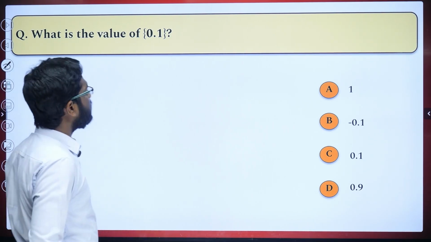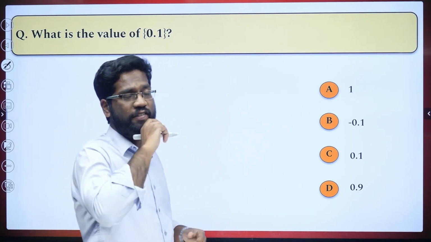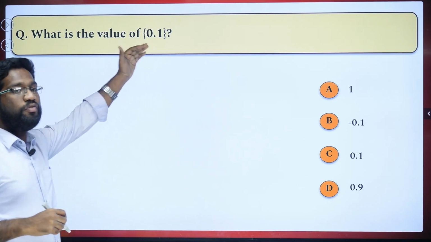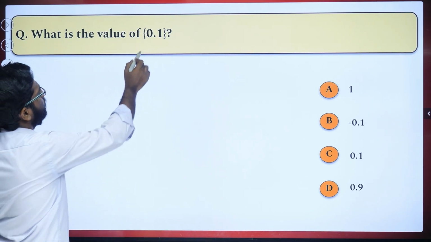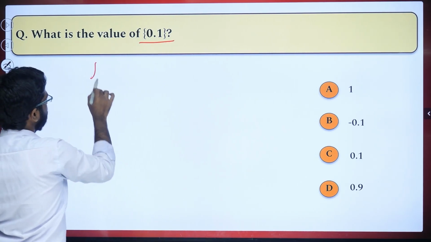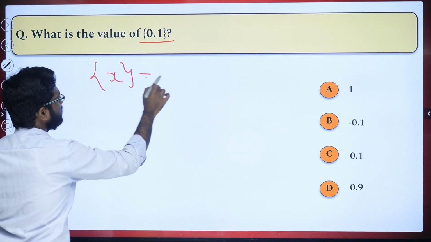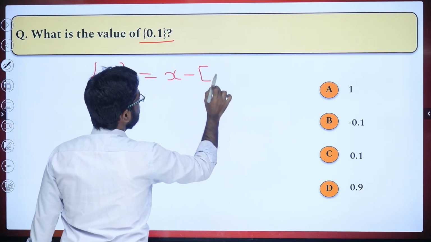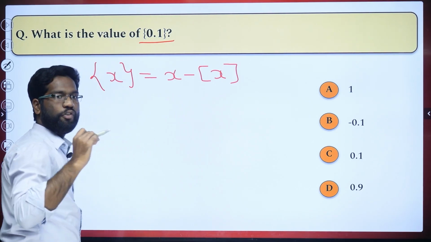So my dear students, how do we have to solve this problem? What is the value of the fractional part of 0.1? We know the fractional part of x is x minus the greatest integer of x.